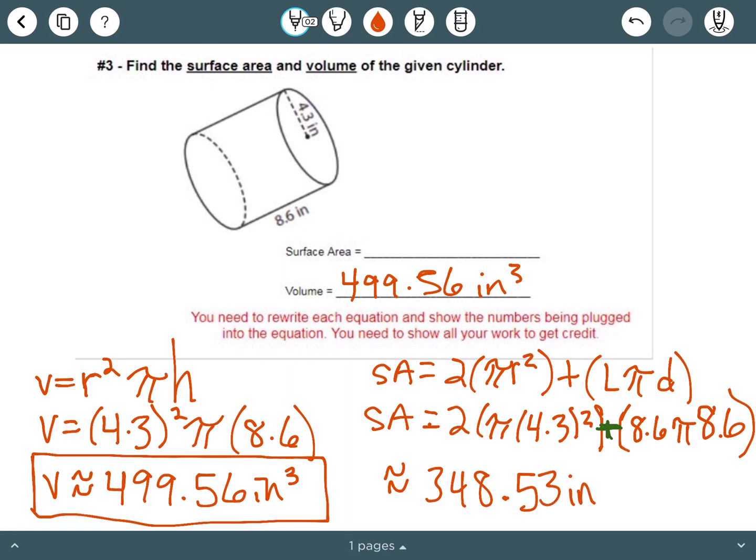So inches squared, right? Because anything area is squared. So there's our answer for surface area, and it'll drive me crazy if I don't put it in up here. So 348.53 inches squared. All right, and that's all for number 3.